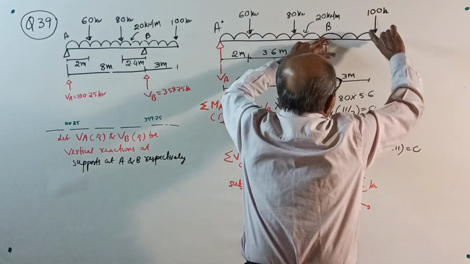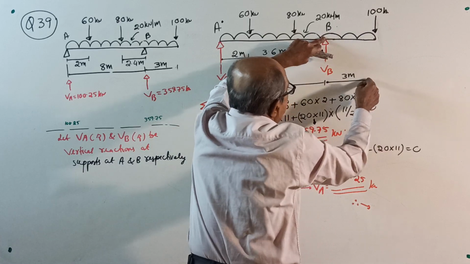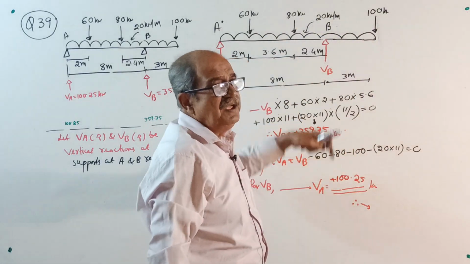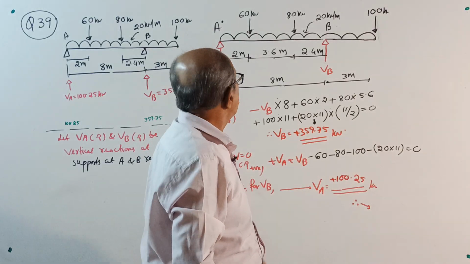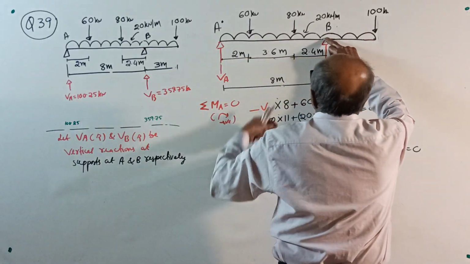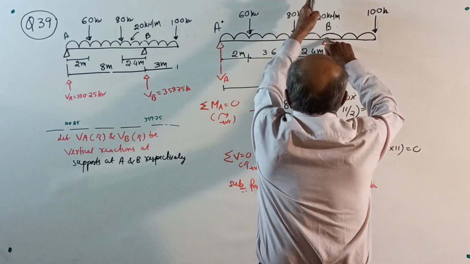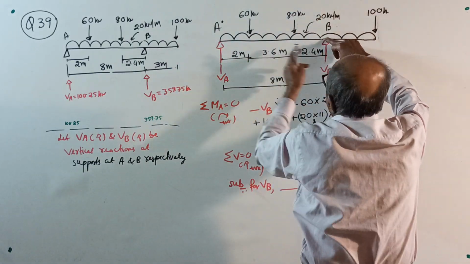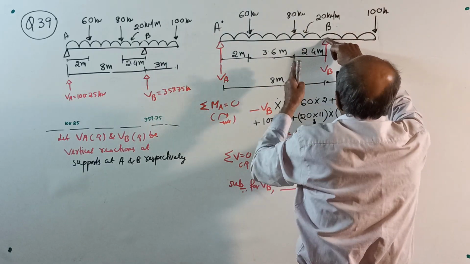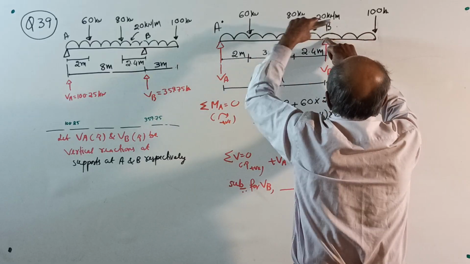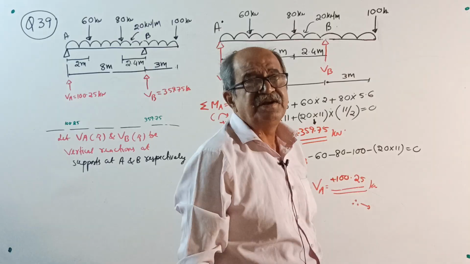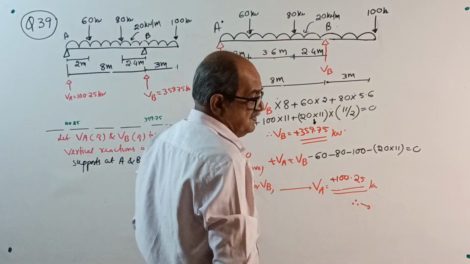Then this side it is a clockwise moment: plus 100 into 3, plus 20 into 3 into 3 by 2, equal to 0. You get VA. Or if you take the entire UDL in a single stretch, then 20 into 11 is the total load, and the moment about B is required. Total length is 11 meter, 20 into 11 acts at half of 11 from here, so 11 by 2 minus 3. Those who can understand, work out the question and get the answer.